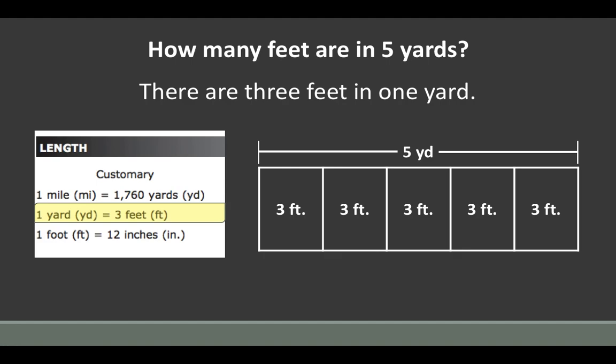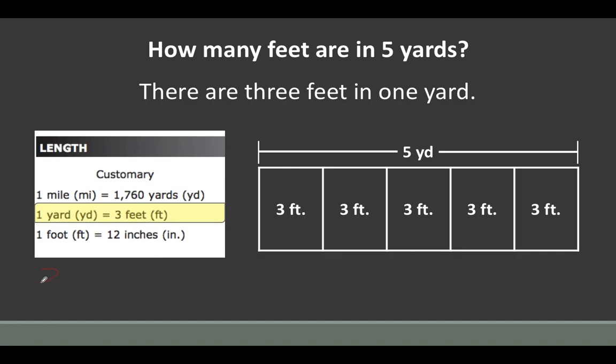Now, in this case, you have 2 different options because technically you could add 3 plus 3 plus 3 plus 3 plus 3. So let's take a look at what this would look like.